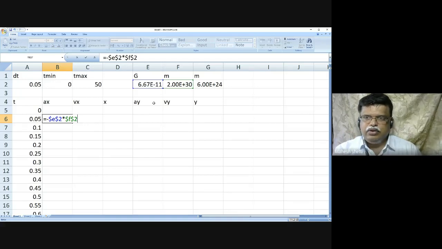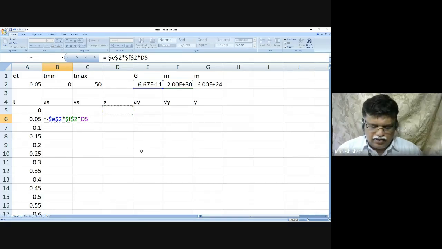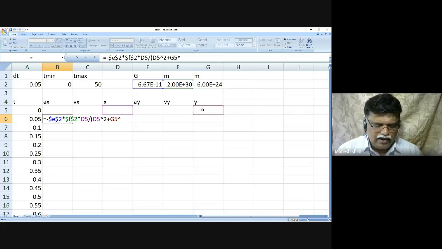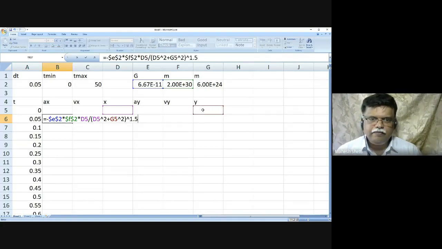Minus G M m x upon x square plus y square raised to 3/2. So multiplied with the x value, divide by x square plus y square raised to 1.5.